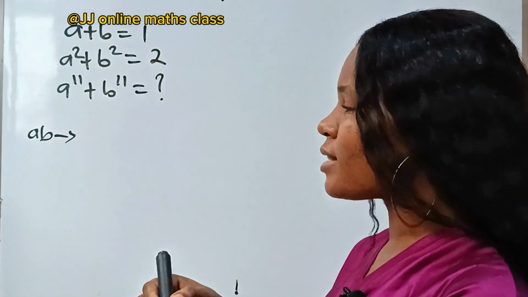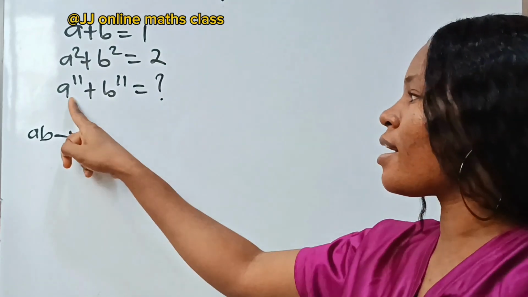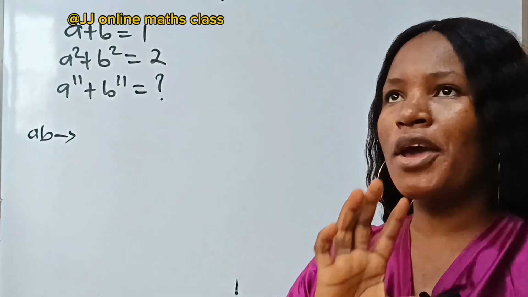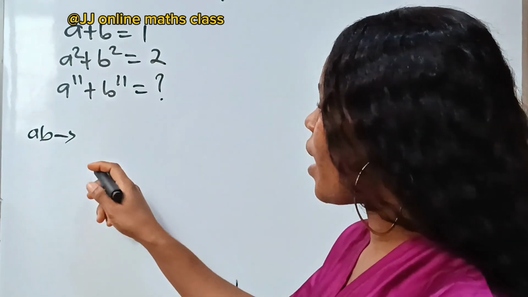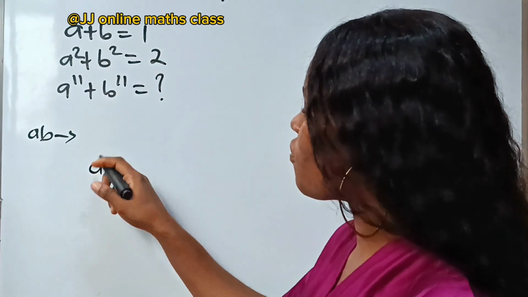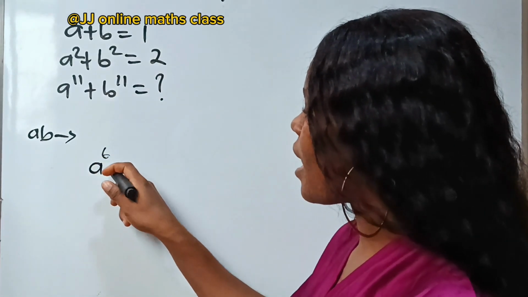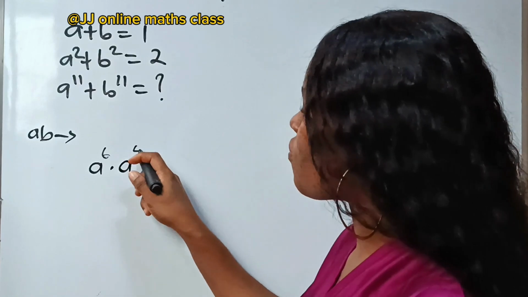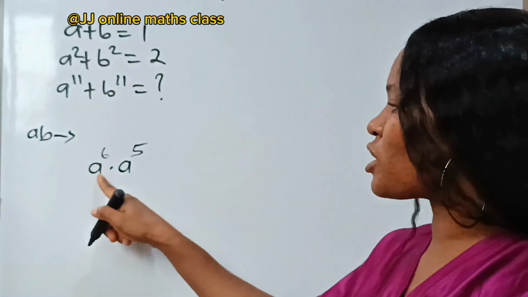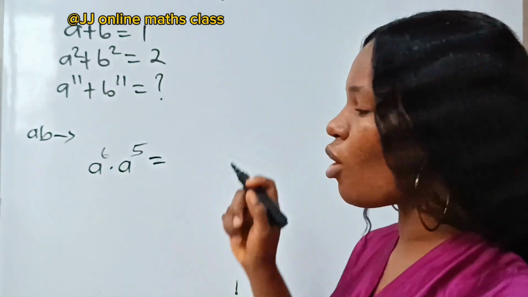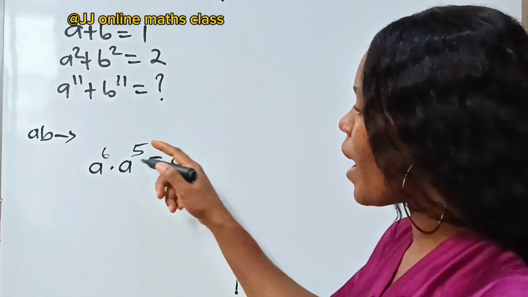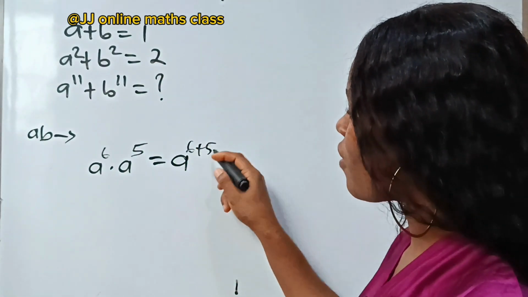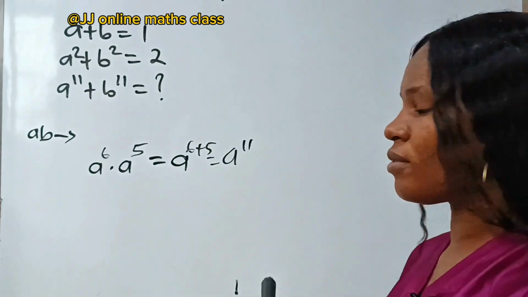Then we need two things to get our a to the power of 11. Using the law of indices, if you have a to the power of 6 times a to the power of 5, once they have the same base, you pick the base and add the powers, 6 plus 5, to give a to the power of 11.